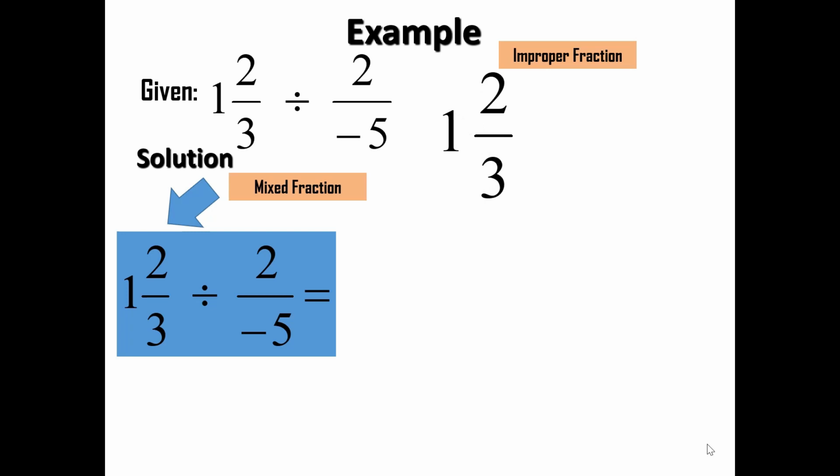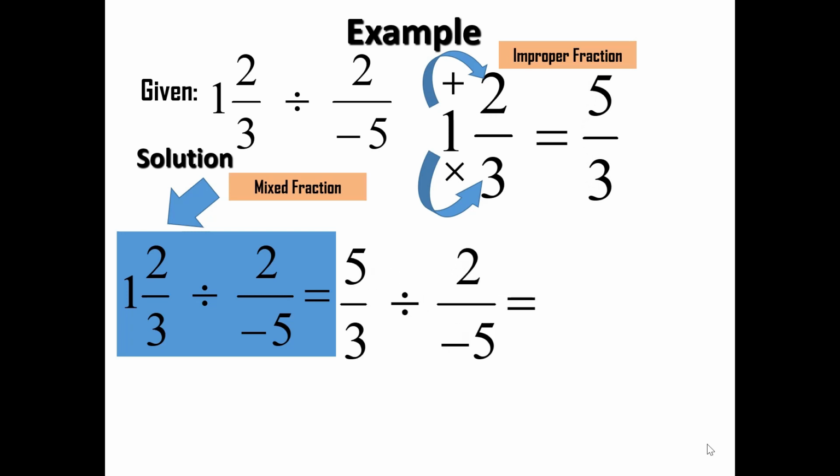So, ito yung magiging guide natin in changing mixed fraction to improper fraction. First, we need to multiply the whole number by the denominator. Yung 1 times 3, so ang sagot natin ay 3. At yung sagot natin doon, kailangan natin i-add sa numerator na 2. So, bali lalabas doon is 5/3.